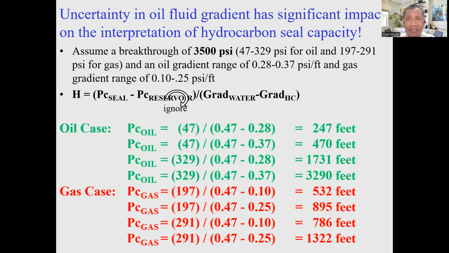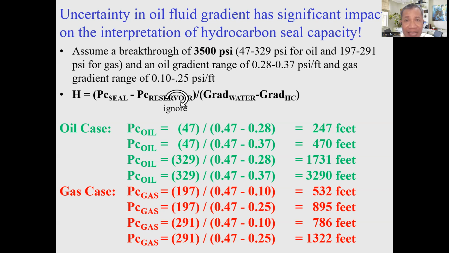While the calculation related to the gas case in the interpretation of hydrocarbon seal capacity: the values represent the pressure at which gas breakthrough occurs, in feet, calculated using the gas gradient range, the difference in pressure between the hydrocarbon and water gradient.